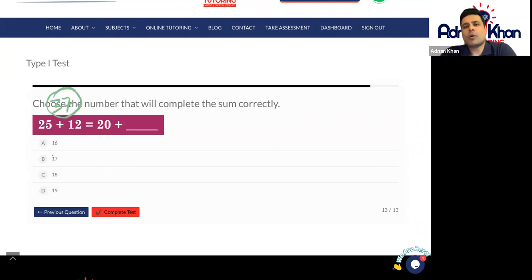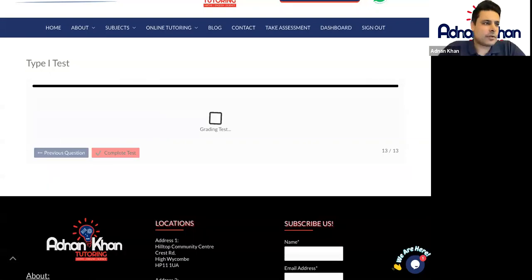And then 20 add what number gives us 37? 70. Did you say 17 or 70? 20 plus 17 also gives us 37 on both sides. Fantastic. Good answer, Shingi. So 17 in this case is our answer.